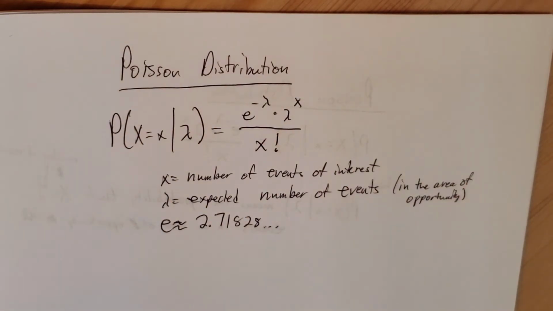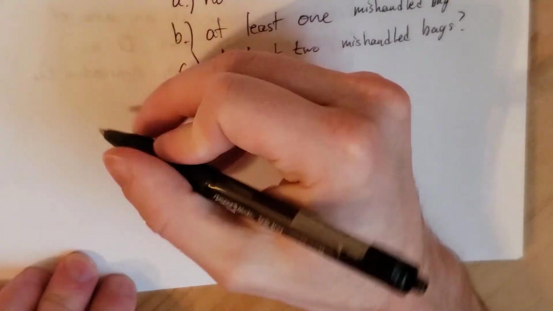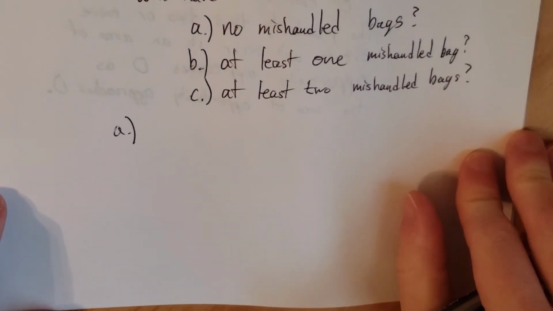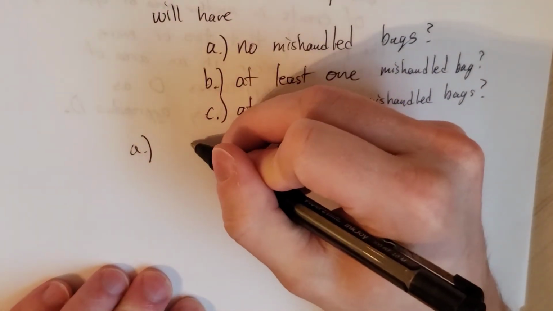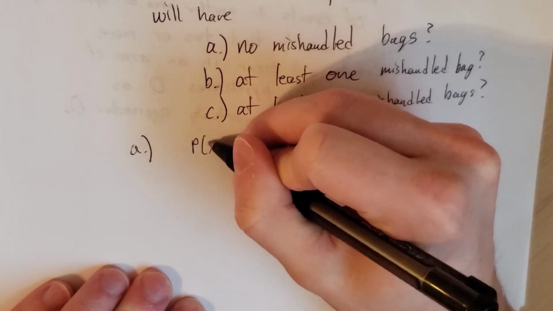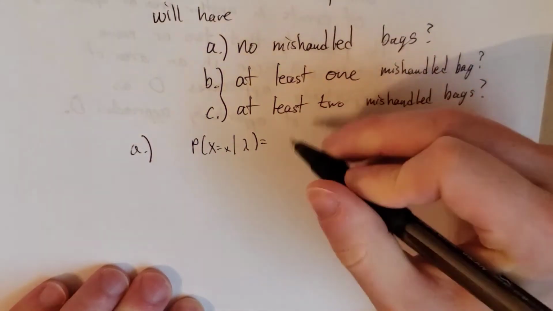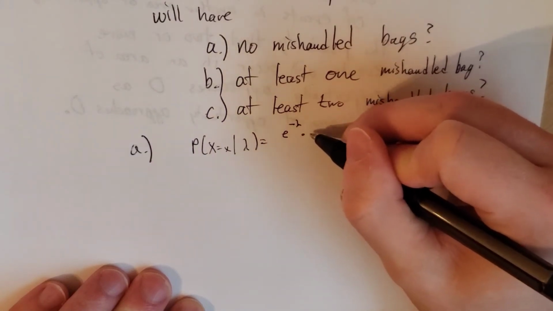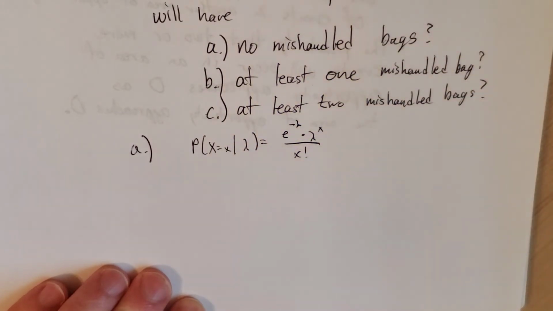Now let's go back to our example and use that information to solve this problem. So remember that again, our formula is P of x, given some lambda, is equal to e raised to the negative lambda times lambda to the x, all over x factorial.